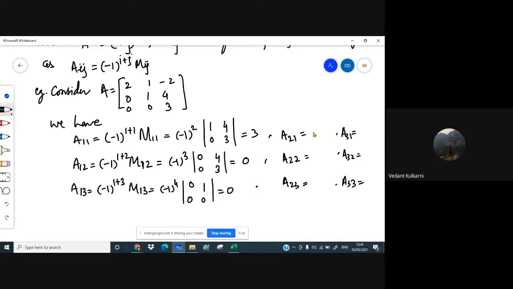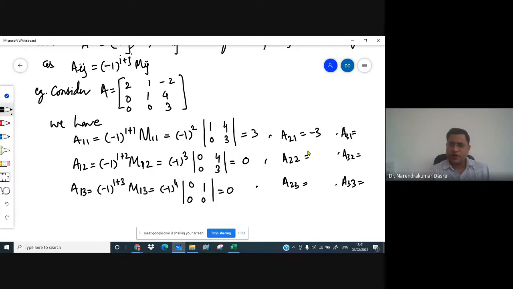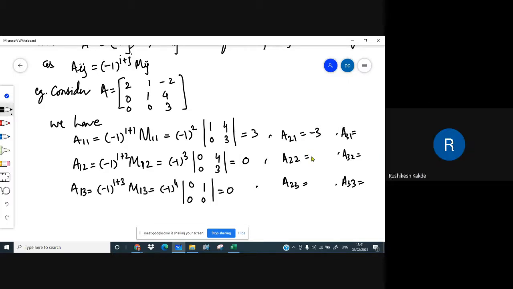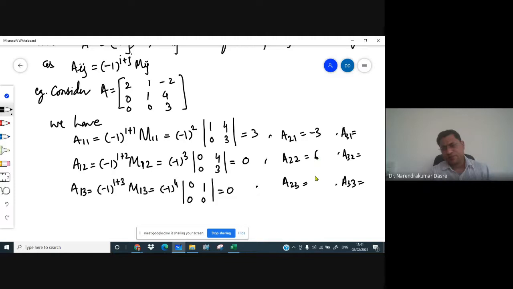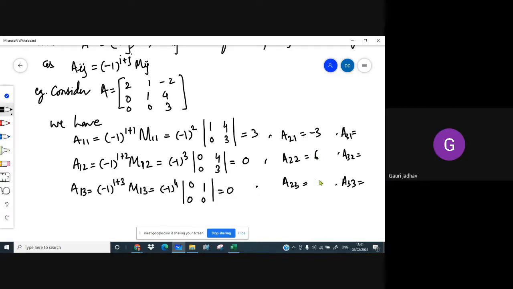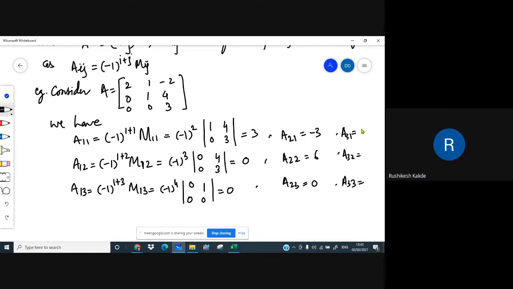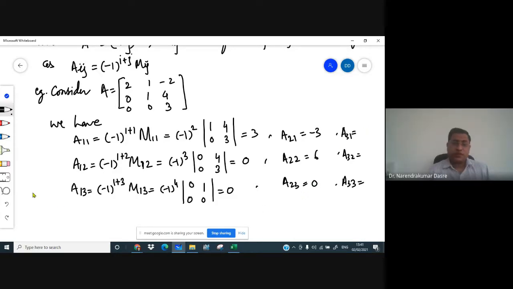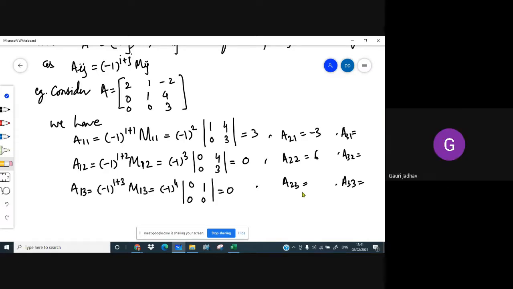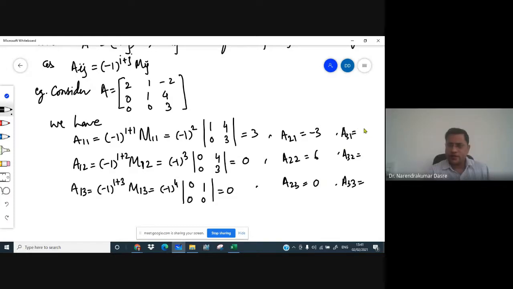A21 is minus 3. Please verify with these values. A22 is plus 6. A23 is 0. Please check A23. A31 is 6.